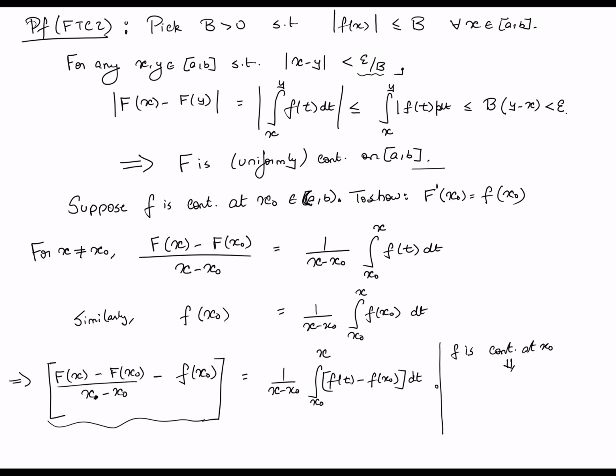that implies that there exists a delta such that, we do it in terms of t, so long as t and x naught are within a delta distance of one another, that would imply that the absolute value of f of t minus f of x naught is in fact at most epsilon.